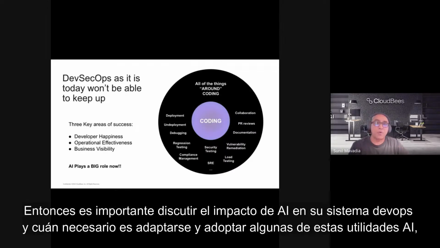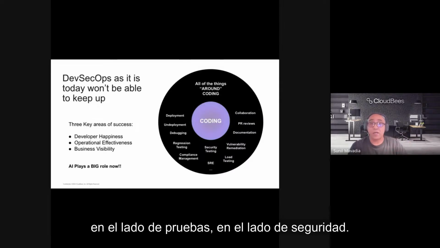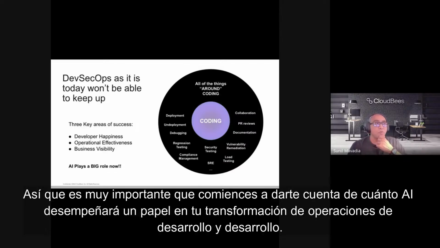So it's important to discuss the impact of AI in your DevOps systems and how necessary it is to adopt some of these AI utilities, right? Especially on the development, on the continuous integration side, on the testing side, on the security side. So it is ultimately important that you start realizing how much AI is going to play a role in your DevOps transformation.